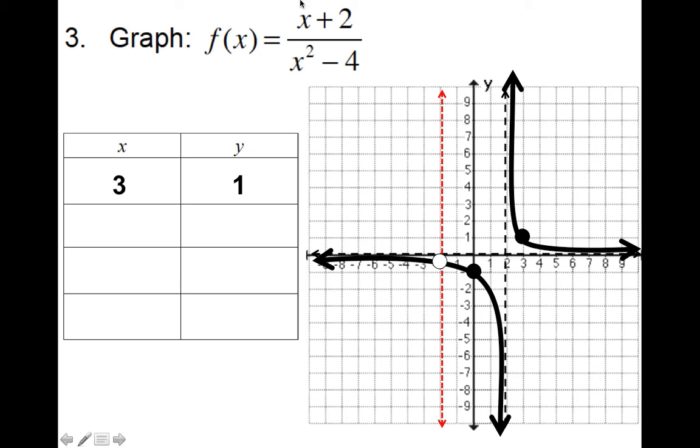If you were to graph this on your calculator, you won't notice the hole in the graph. But if you were to go to the table, you will have an error in both x equals +2 and x equals -2. So it won't show the hole, but it will show an error in your table.